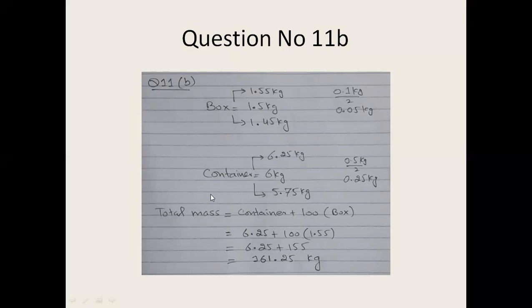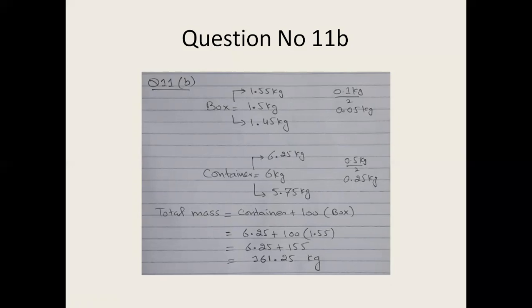So because we want the upper bound of the total mass, the largest mass of the total container and the 100 boxes, the total mass is the container's mass plus the 100 boxes. I will take the upper bound of the container's mass, that will be 6.25, and also the upper bound of the box mass, that will be 1.55.